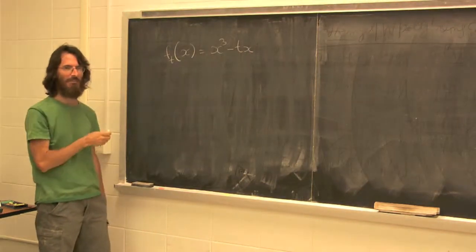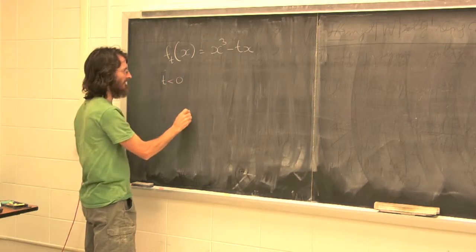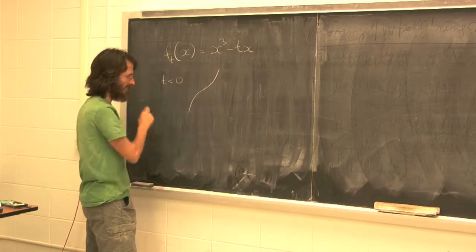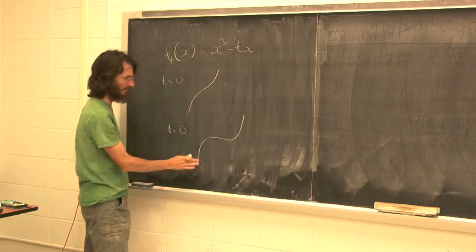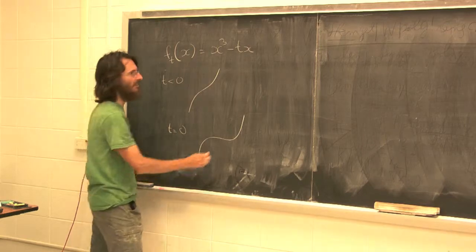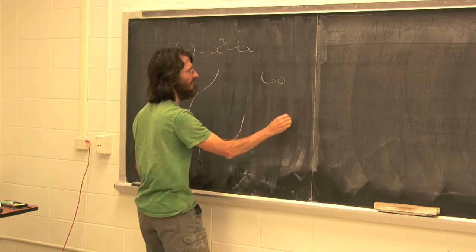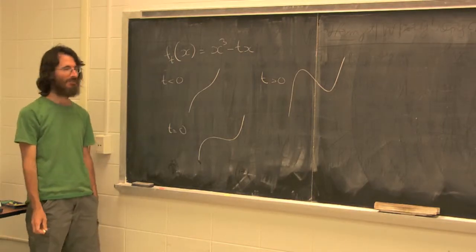If you just graph the plot of these functions, when t is negative, you just see a function like this. When t equals 0, you see this leveling off cubic phenomenon. And when t is greater than 0, you get 2 critical points.